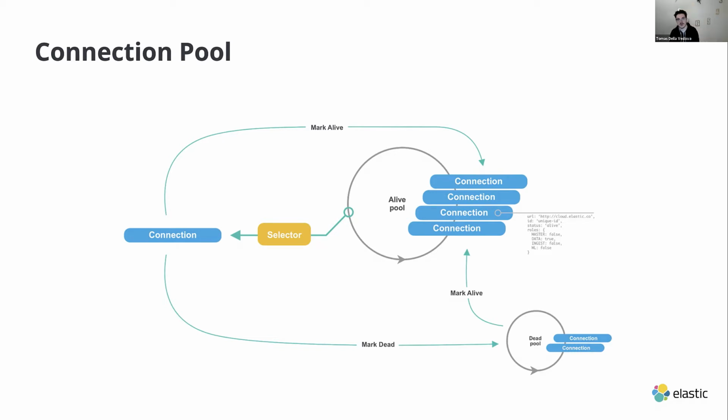Otherwise, if we call the mark dead API, the connection will be moved to what we call the dead pool, which is not a Marvel character, but is a smaller separate pool that we use for retrying connections over time to figure out if they are still dead or back on track. In this case, we just move them again into the alive pool.